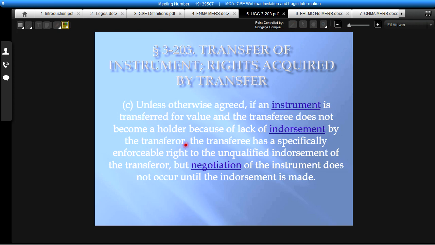But negotiation of the instrument does not occur, again, not occur until the endorsement is made. All right, so everybody understands. It says negotiation of the instrument does not occur until the endorsement is made.